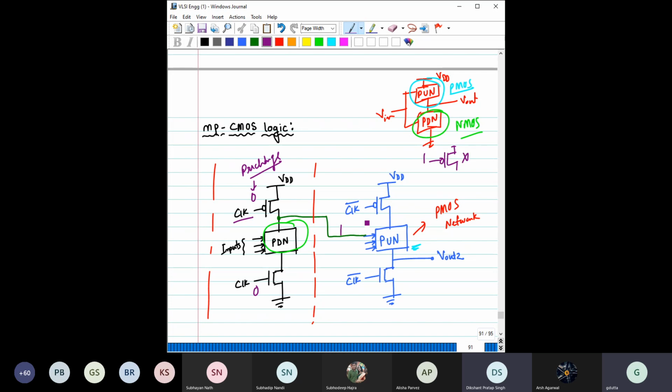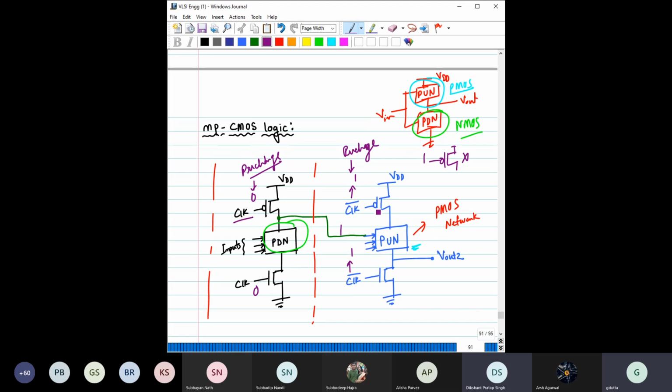Next, see what is the next change that we have done. We have also altered the clock. Alter the clock means if you are applying clock here, in the next stage we are applying the clock bar. So during pre-charge, you have given 0 here, and the clock bar is equal to 1.